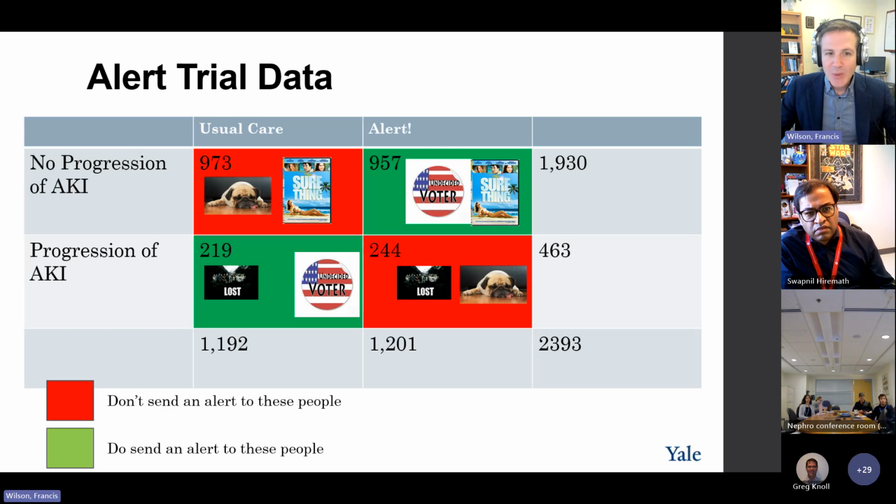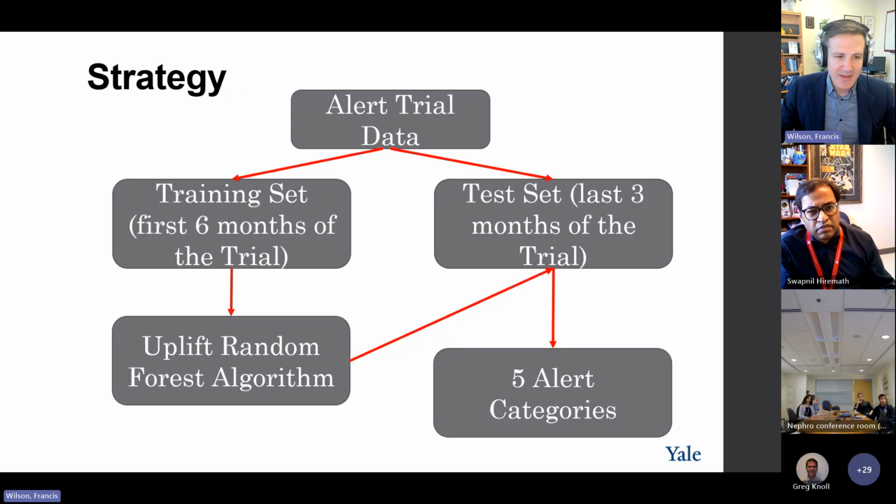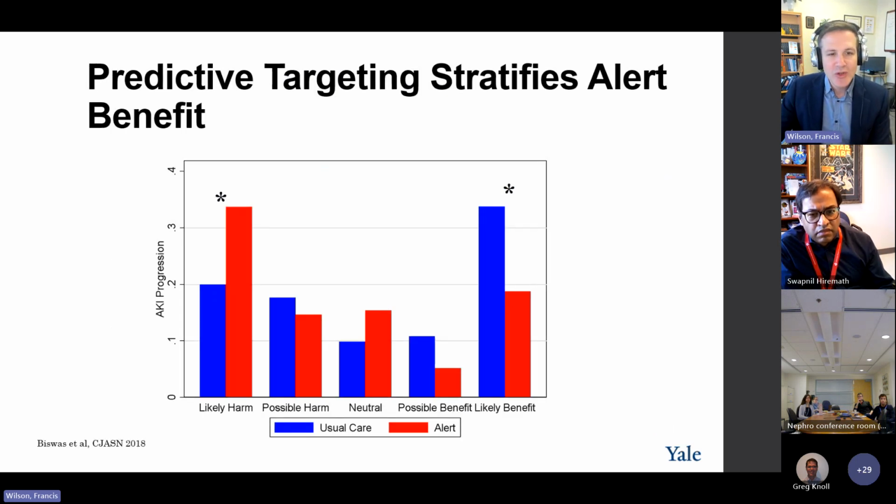And so we define these green boxes, and ask: what are these types of patients? How can we phenotype the groups that fall in here? There's a variety of methods to do this. We use something called an uplift random forest, and I will skip to the end to show you that we can create 5 categories.